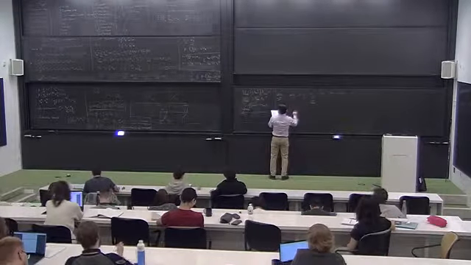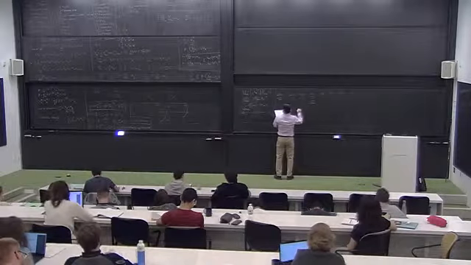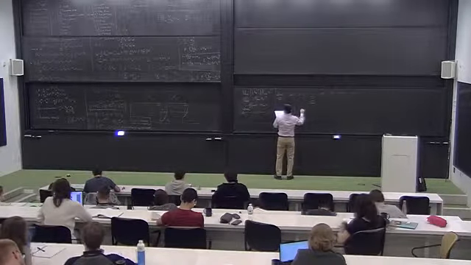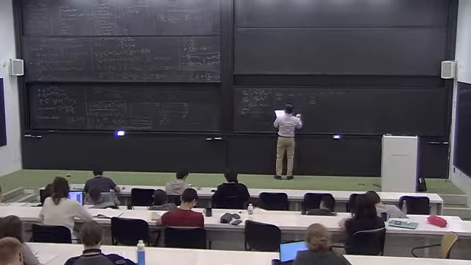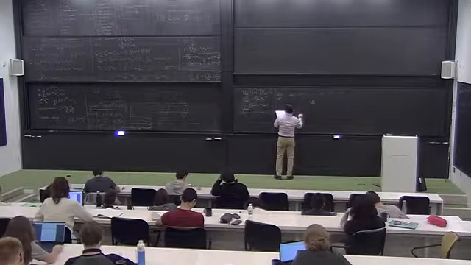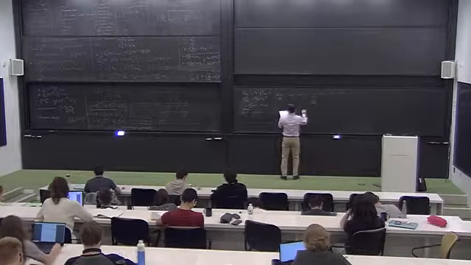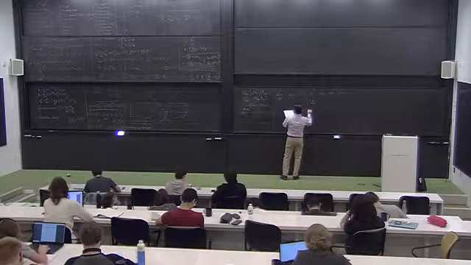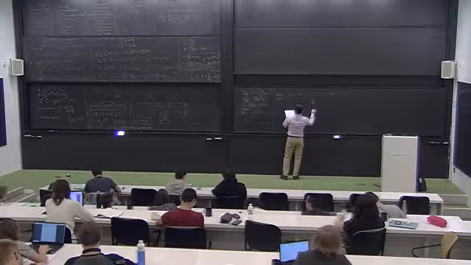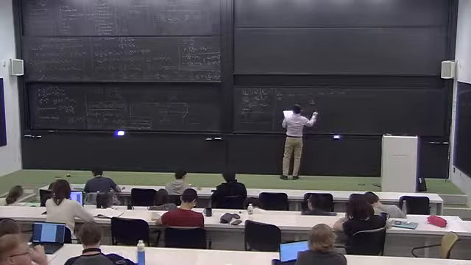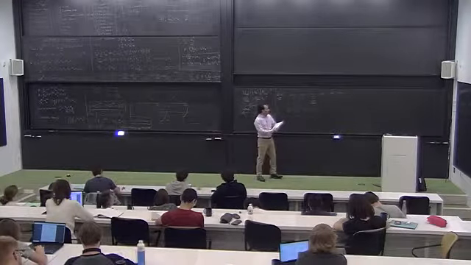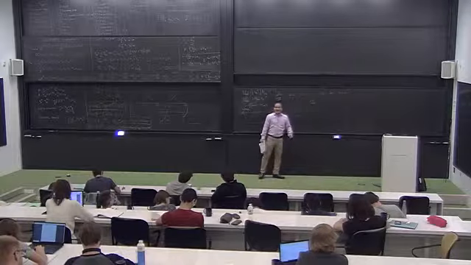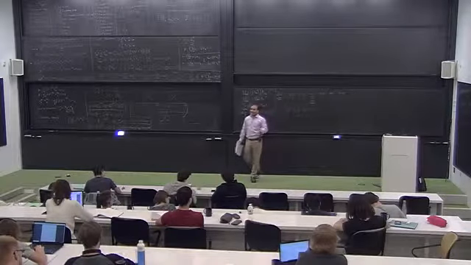U is the sum over i and j not equal to i of V of mod Ri minus Rj, where these Ri and Rj are now coordinates for ions.